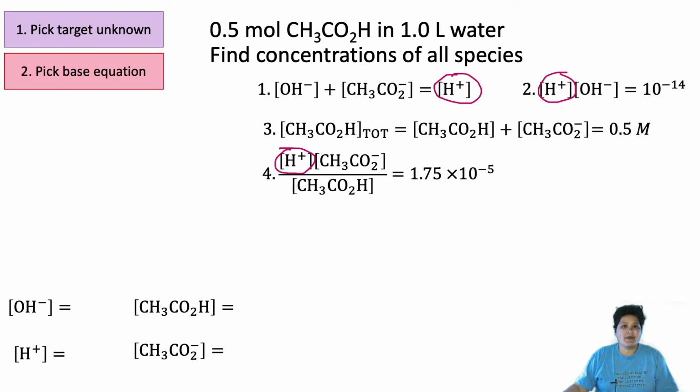So now we're going to pick our base equation. Remember, everything that's not the base equation, we're going to use to solve for other concentrations in terms of the unknown concentration. For me, that's easiest to do if, number one, I don't have many variables, or number two, we're adding and subtracting instead of dividing and multiplying.